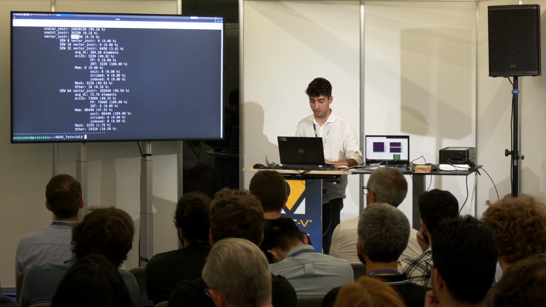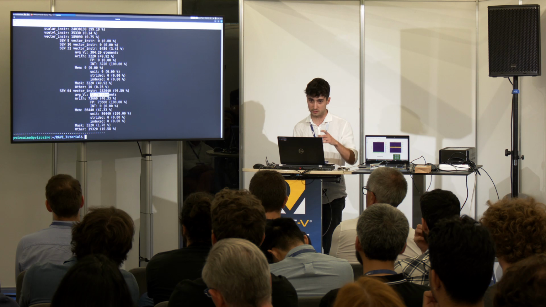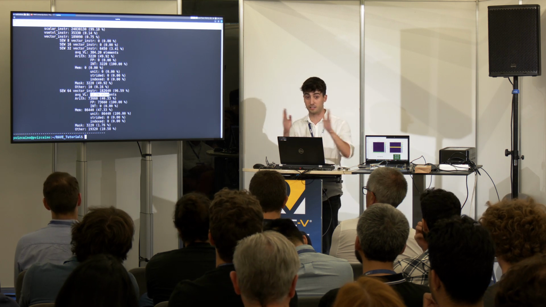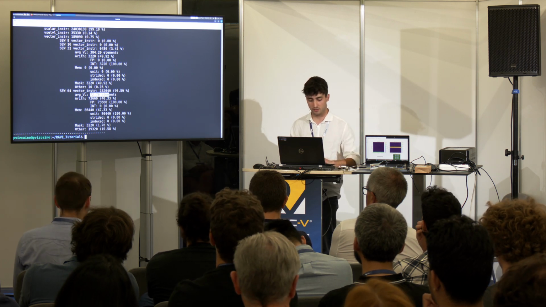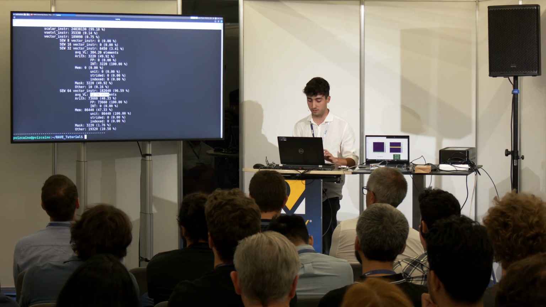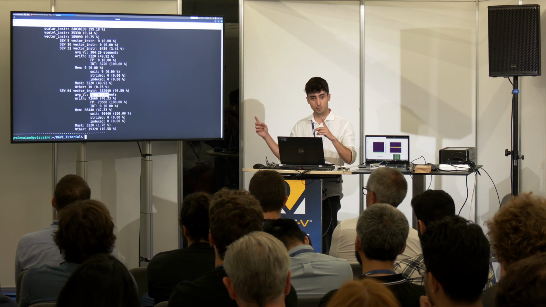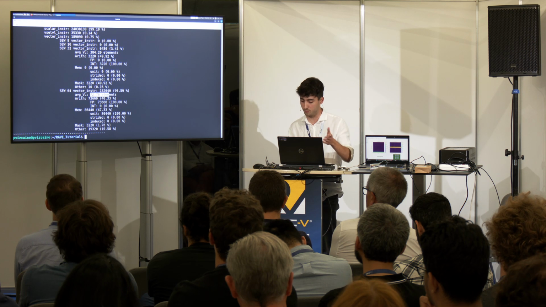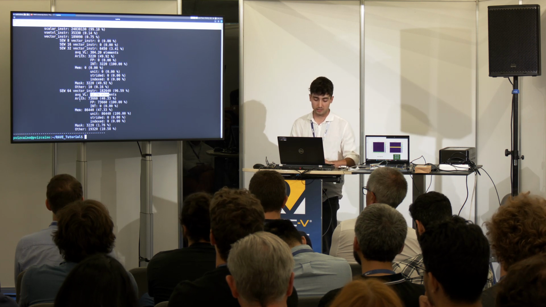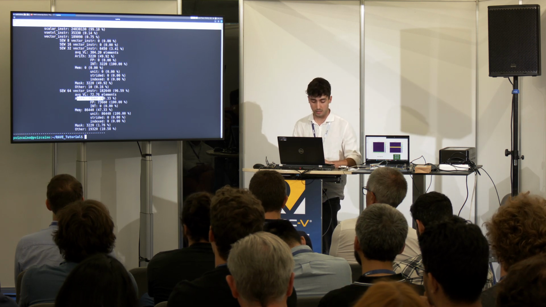You can see, for example, what is the average vector length, because as I explained at the beginning, the vector length can change during the execution. So this is telling you are on average using 72 elements per instruction. Our maximum was 256, so this might not be good news. You can count how many of those are arithmetic, memory, and so on.